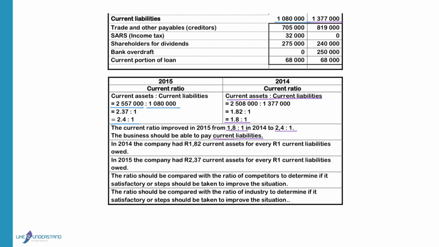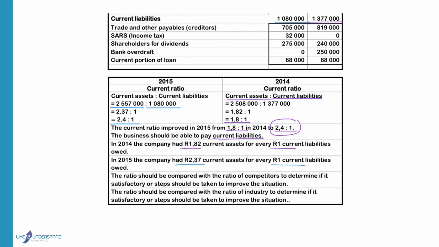But we also have to go and calculate the asset test ratio to see how much inventory is included in this R2.40, because that can determine that the inventory is too high and the business will not be able to pay. In 2014, the company had R1.82 current assets for every R1 current liabilities. In 2015, they had R2.37 current assets for every R1 liability.